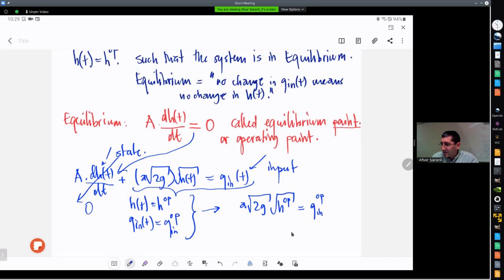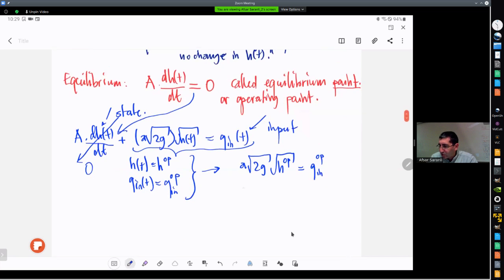And if I take the square of both sides, a squared 2g times h_op is equal to q_in_op squared. That means I can actually calculate h_op in terms of q_in_op, and that's simply q_in_op squared divided by a squared 2g.